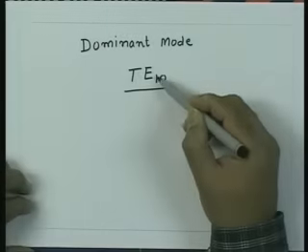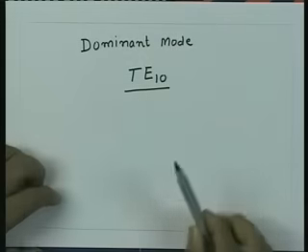This one has the first index 1, that means the fields have a half cycle variation in the x direction, and the field is constant in the y direction. That is the mode which is going to propagate inside the structure. And since this is the important mode, because if at all energy propagates it is going to propagate in this mode, we can have a little more detailed analysis of this mode rather than talking about a general mode of TEmn or TMmn.